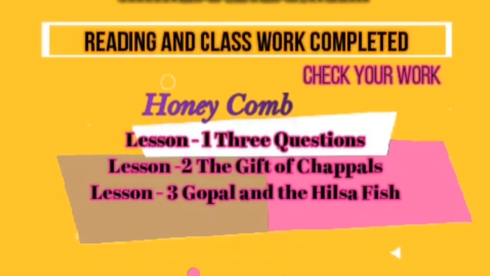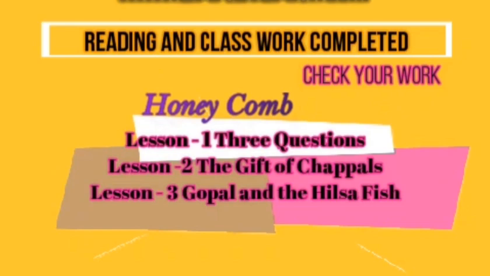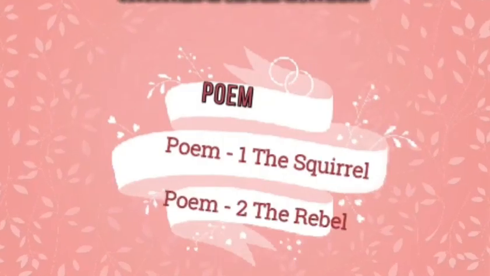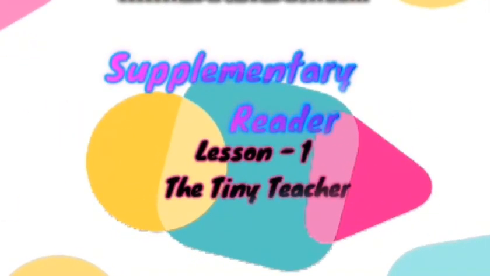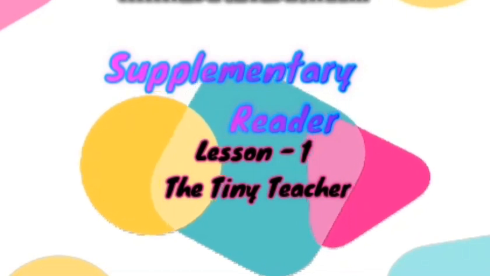We have completed reading, learning, and also our classwork note. From the poem part, the Squirrel poem and the Rebel poem have been completed. And in the supplementary reader, lesson 1, Our Tiny Teacher, has been completed with the homework. Comprehension check was its homework, right?